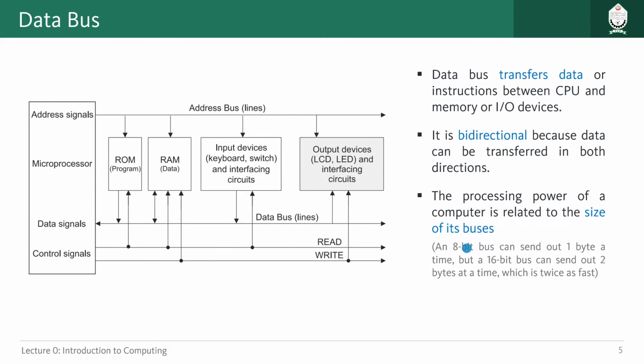We cannot say that if this component is 8-bit, then this is an 8-bit computer or something like that. Nothing like that. Basically, different components are designed in such a way that that amount of data can be processed at a time. If I talk about the 8051 microcontroller, that is an 8-bit microcontroller, right?